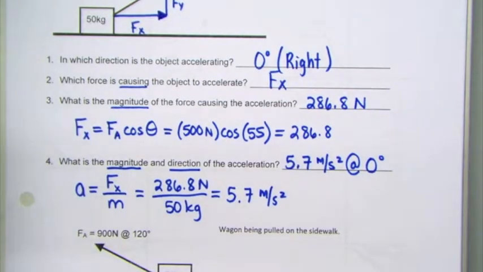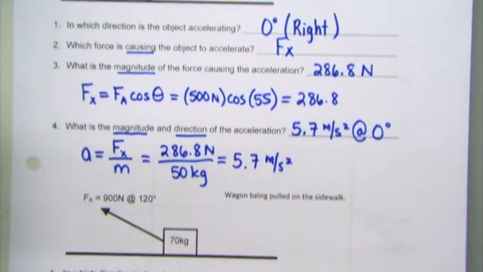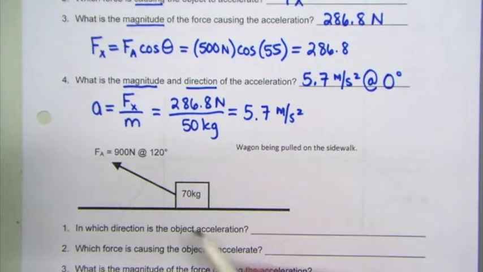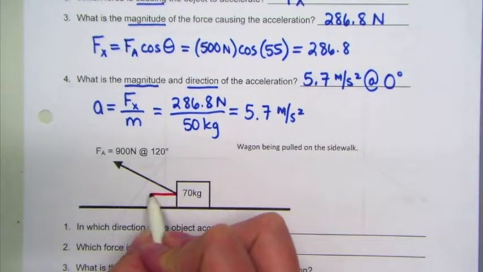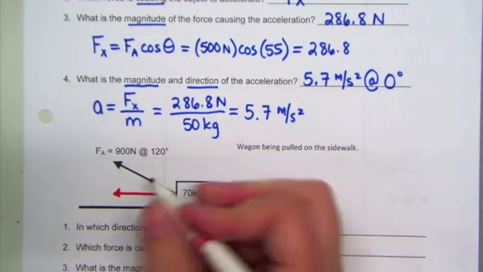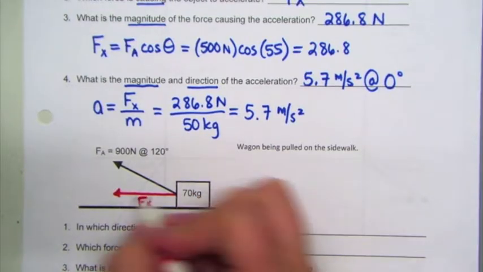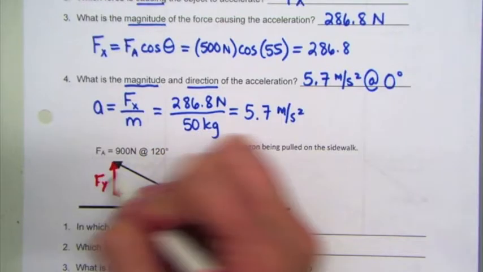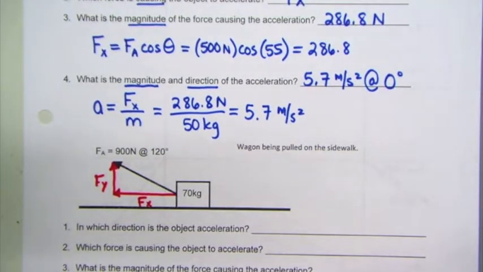So now let's change our scenario here, and we'll go to the left. Not much really changes except for the direction. Okay, Fx is now going to the left, but Fy is still positive in the upward direction.